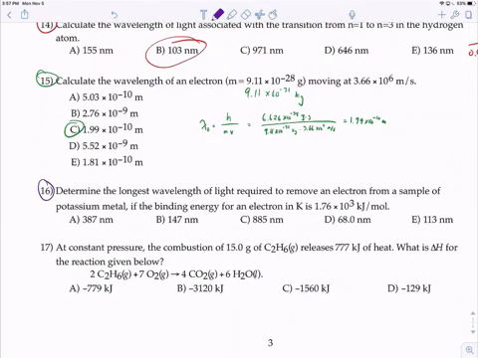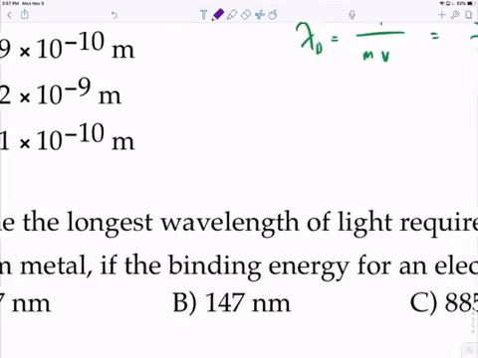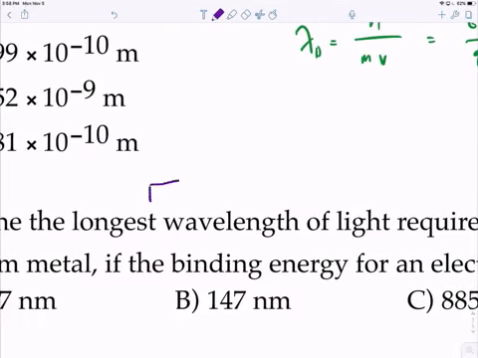Determine the longest wavelength to remove an electron from a sample of potassium metal if the binding energy for an electron in potassium is 1.76 times 10 to the third kilojoules per mole. All right. So picture, here is our potassium metal, and then wavelength, the light comes in, electrons come out.